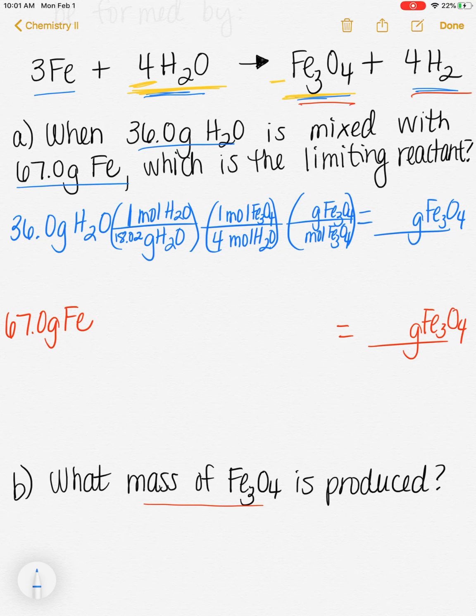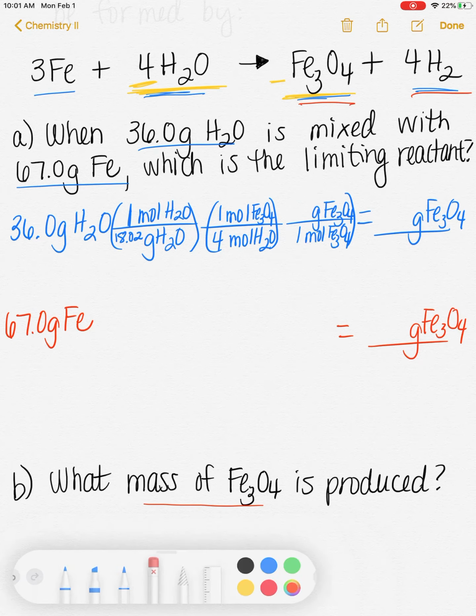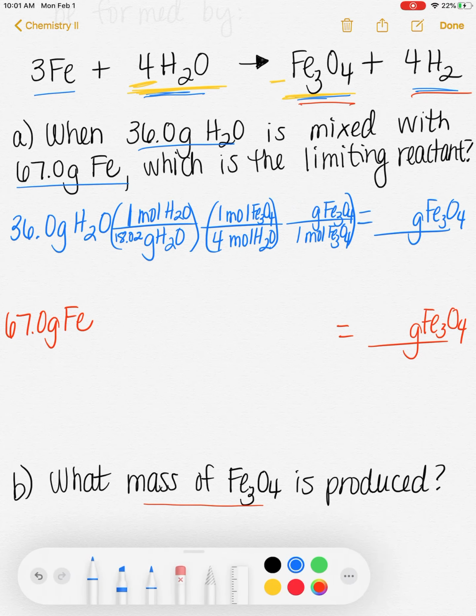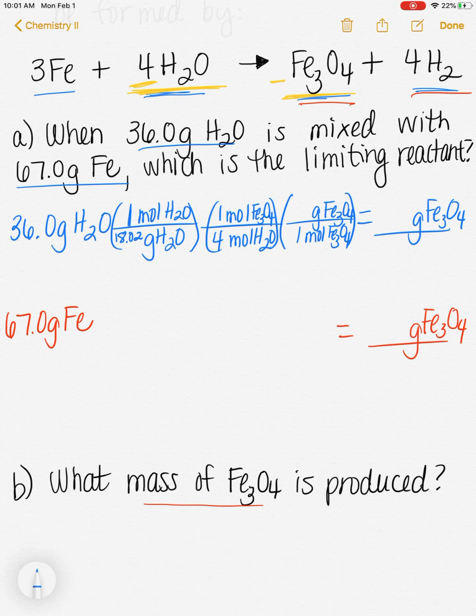Next, I've got another grams to moles, so I'm going to put a 1 here with moles. I'm going to kind of expand this factor and give myself some more room to write. So you are going to have to add up 3 irons plus 4 oxygens. When you add that up, you get a mass of 231.55 grams.